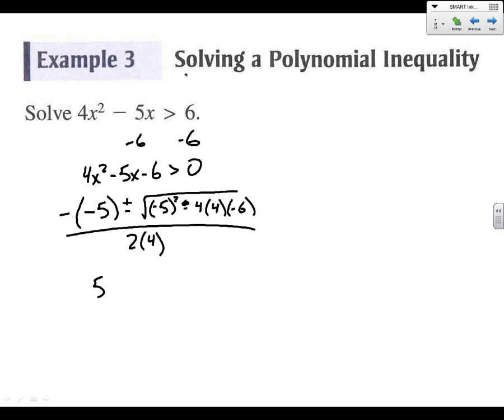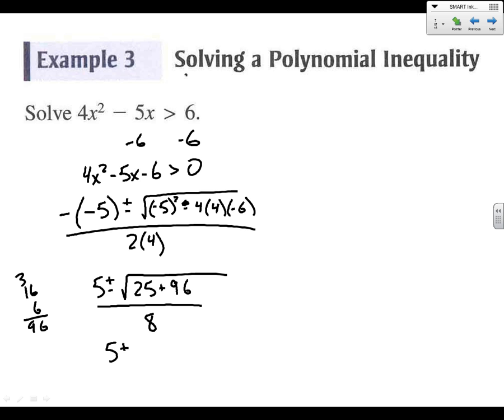So what do we have here? 5 plus or minus the square root of 25 plus 16 times 6, 96, all over 8. Is that right? I'm just checking myself real quick. Yes, I believe so. Let me know if I'm wrong.